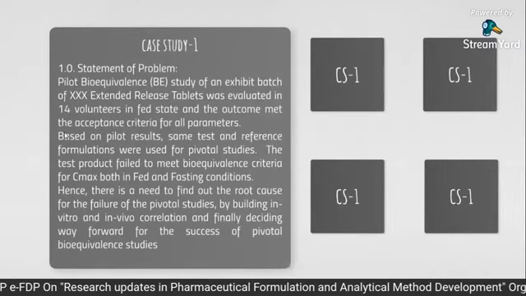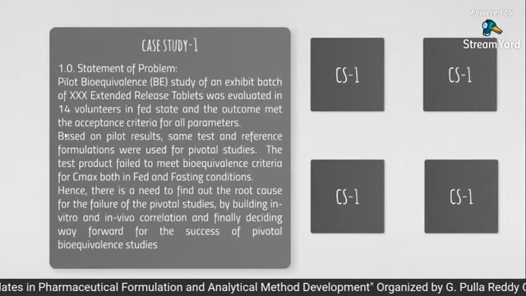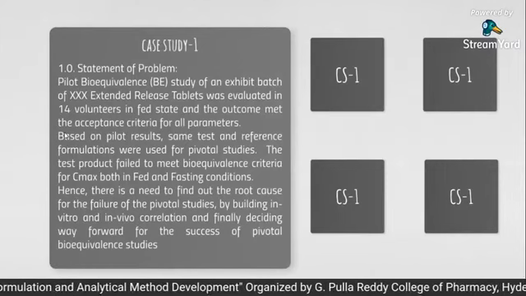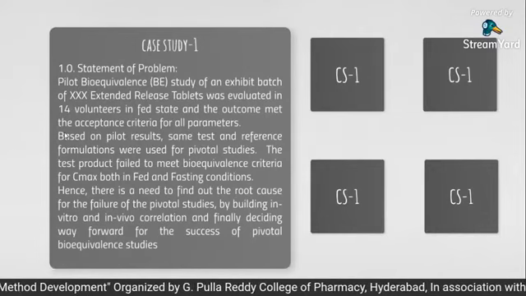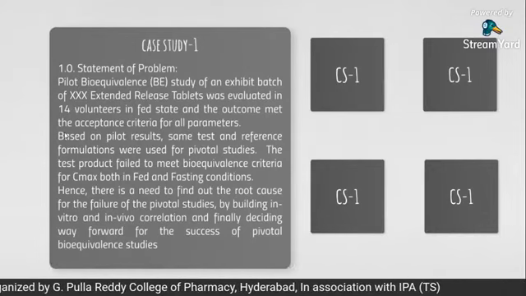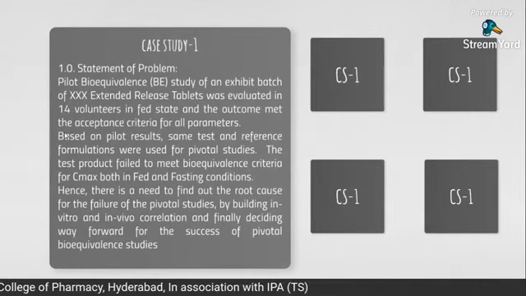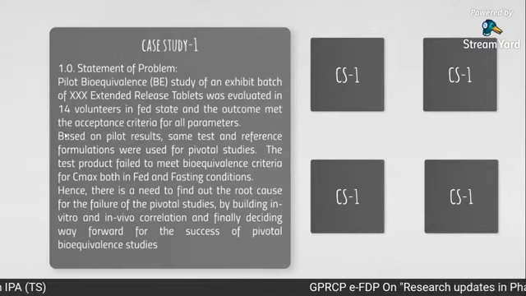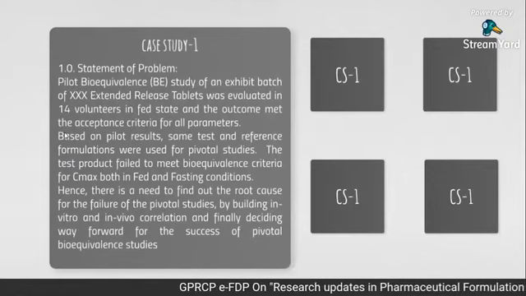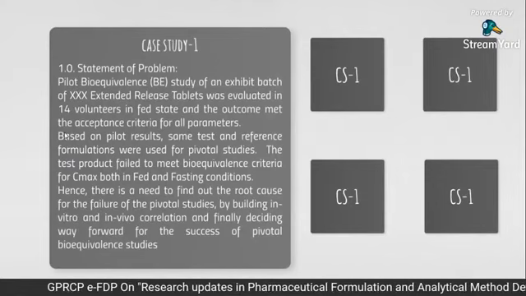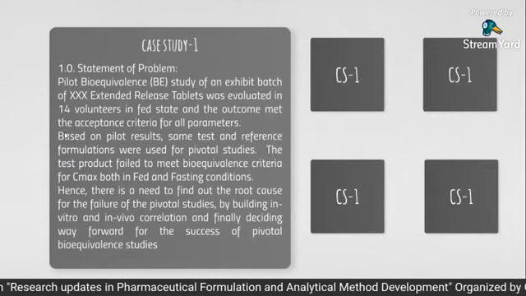Based on the pilot results, using the same test formulation and the same reference formulation, we conducted the pivotal study. Pivotal study, as I told you, requires a large number of subjects for submission purposes. There, the test product failed to meet the bioequivalence criteria for Cmax, both in fed condition as well as fasting condition.